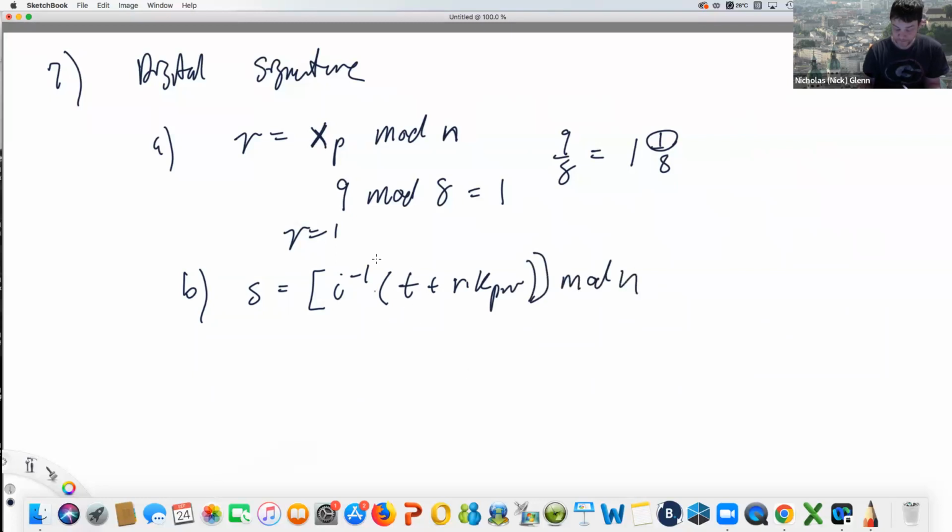All right. So the inverse of I we're given here is 11. I used the wrong thing here. Is this right? Let's see.